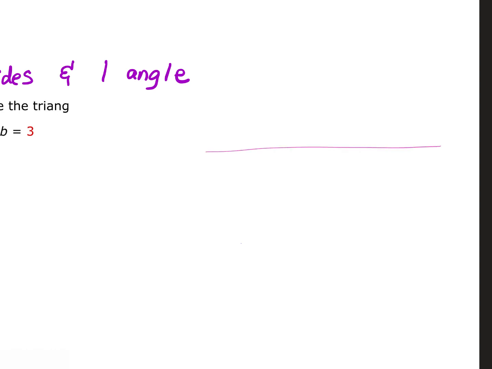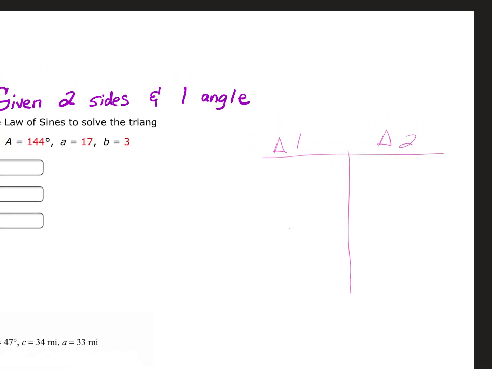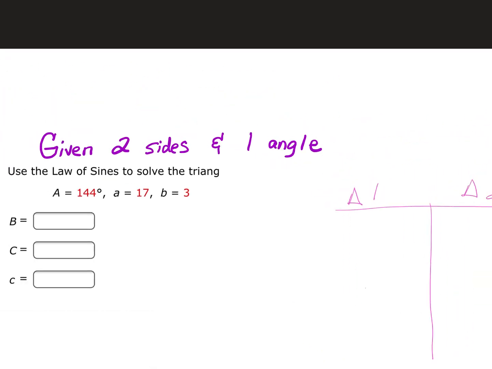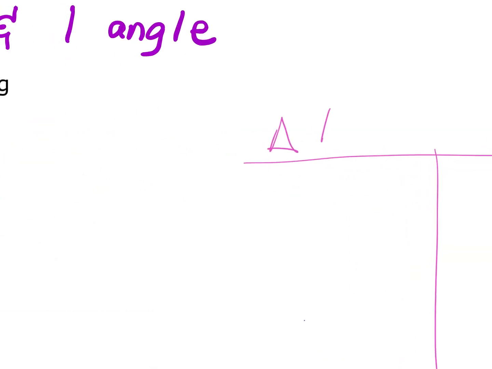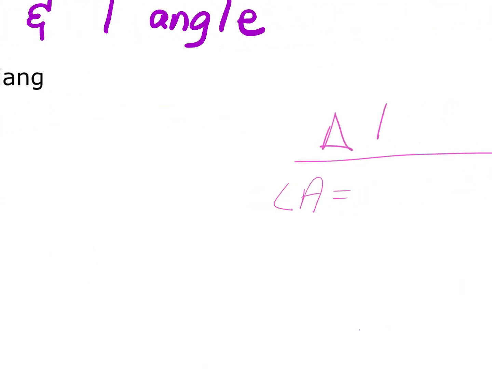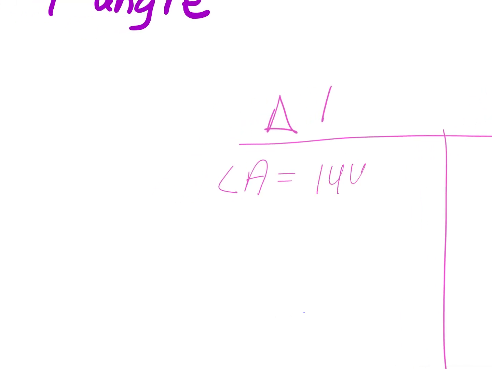I'm going to say, okay, I have triangle 1 here, and I have triangle 2 here. The given information is going to be the same in both triangles. So I'm just going to focus on the angle itself. The given angle for this set of information was how much? A was what? 144, yeah? So 144 degrees.